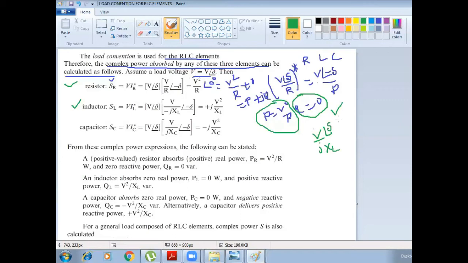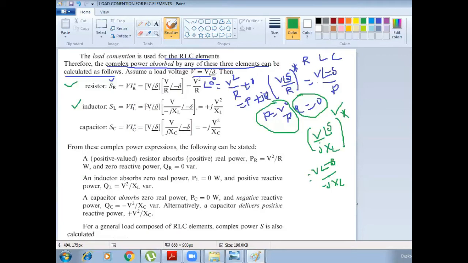Taking the complex conjugate, this will be V at an angle minus delta divided by minus jXL, since plus j becomes minus j.